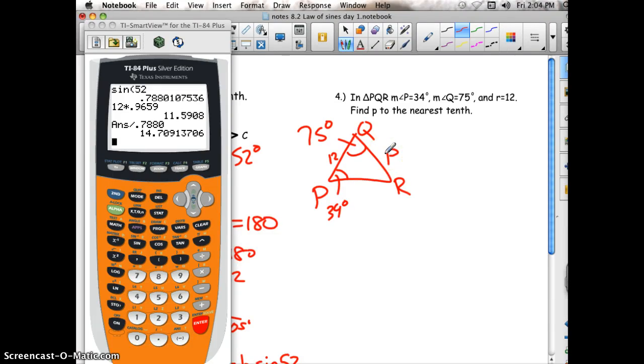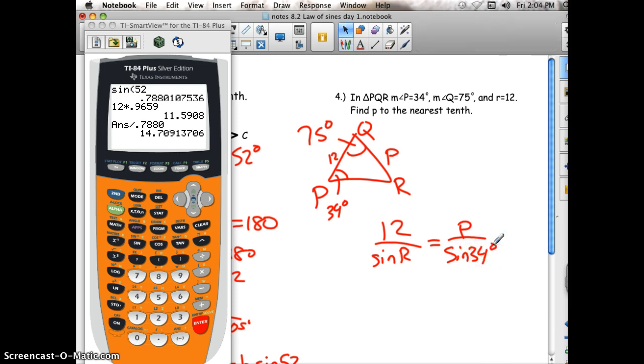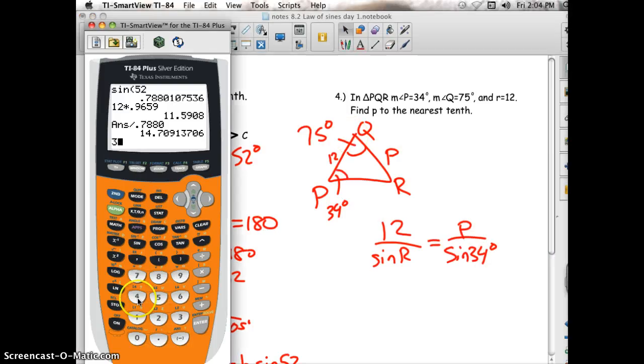So little p is here. So obviously I'm going to want to use the 12 and the p as my sides. So it's going to be 12 over the sine of r equals p, little p, over the sine of 34. And again, I'm going to use the fact that the sum of the angles of a triangle is 180. 34 plus 75 gives me 109.